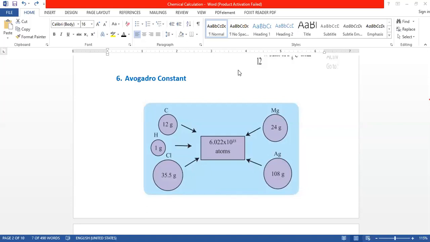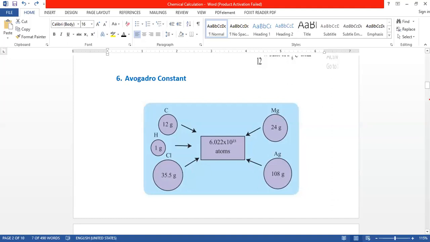If they ask the moles of oxygen atoms in 1 mole of carbon dioxide, we will have that kind of question, right? No worries, we will have those kinds of questions. Then you can understand, right? Okay, sir. Let's move to the question part.